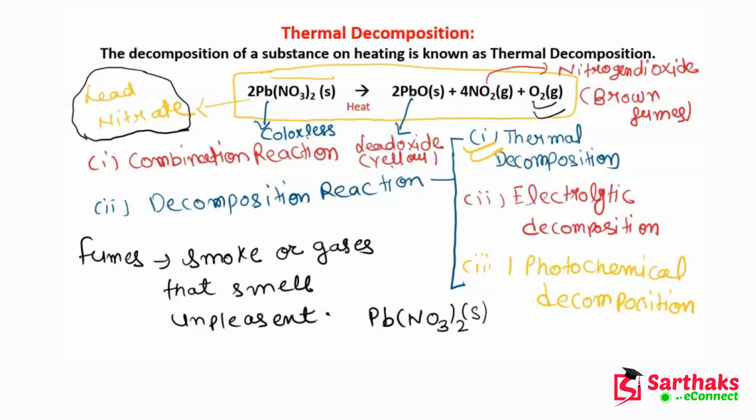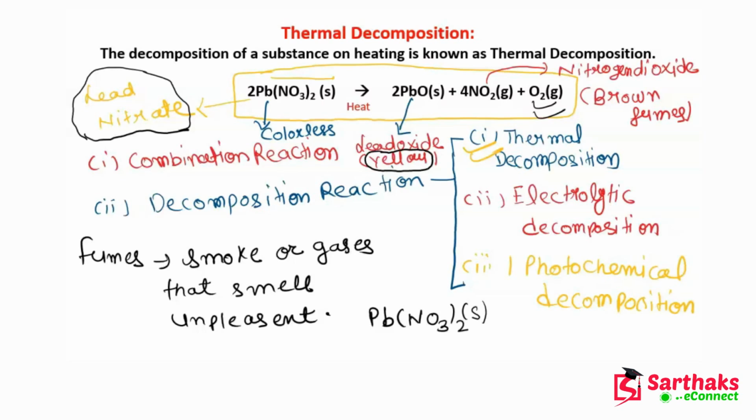If you provide heat, it will convert into lead oxide, which is yellow in color, and the fumes of nitrogen dioxide are brown.